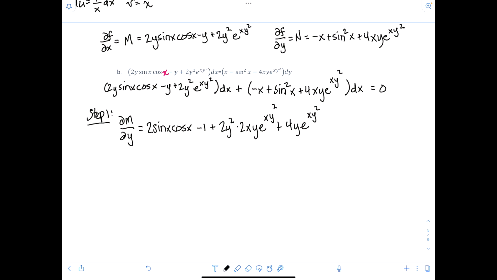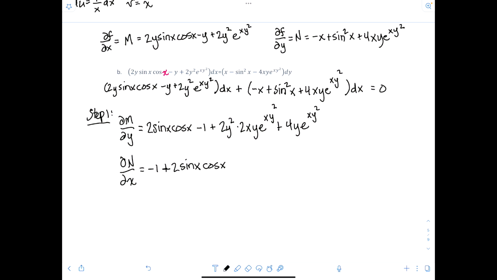Cool so far? All right, now we got to see what is the first partial of n with respect to x. So when I do that one, I'm looking at n, differentiating with respect to x. I will get negative 1 plus 2 times sine at x times cosine at x. That's for the sine squared at x. All right, using the chain rule.